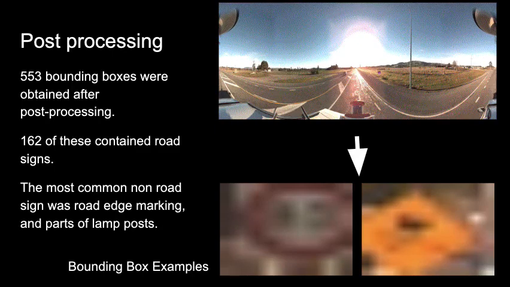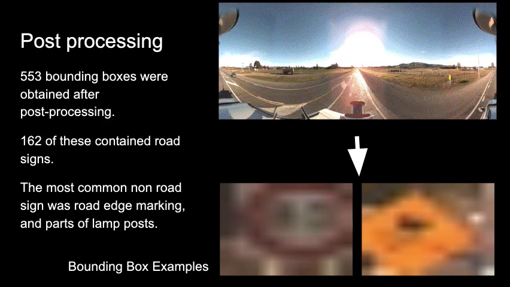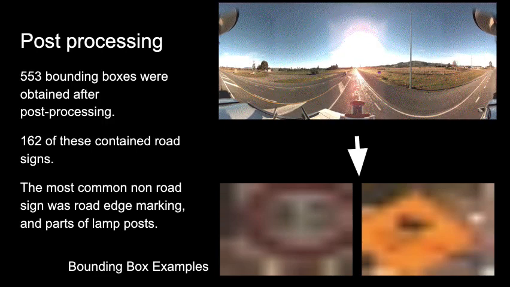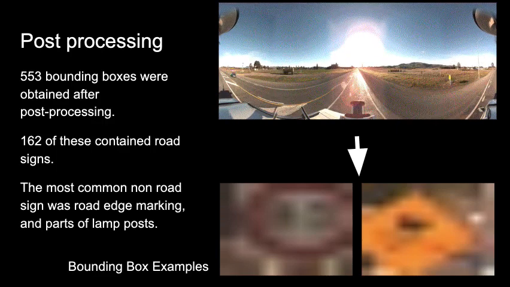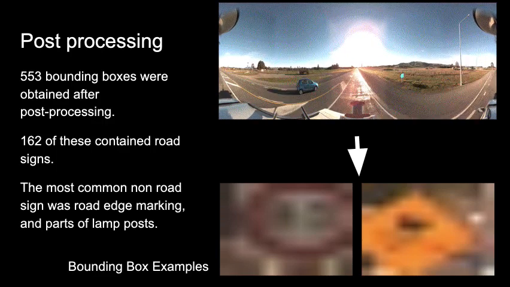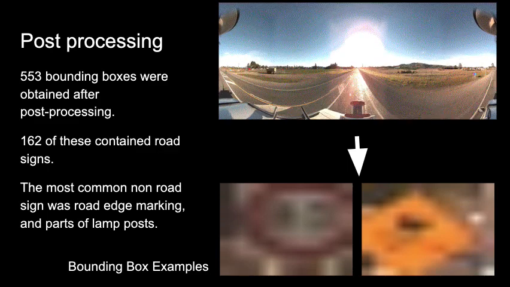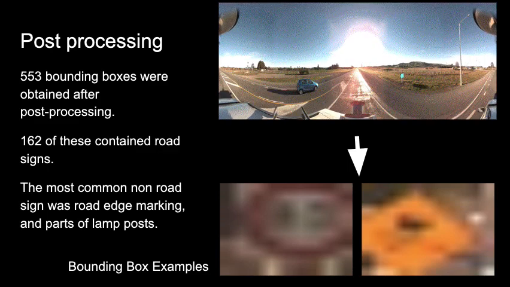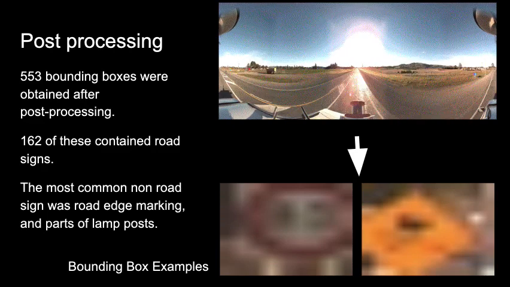After each individual model in the ensemble had promising results, we set up a post-processing step in the pipeline to aid in the transition of data from master CNN to the separate CNN. During the ensemble's testing, the master CNN boundary box regressor predicted 553 boundary boxes.